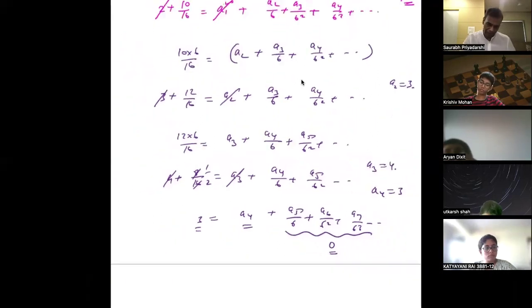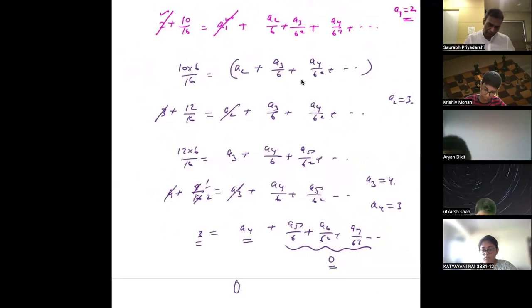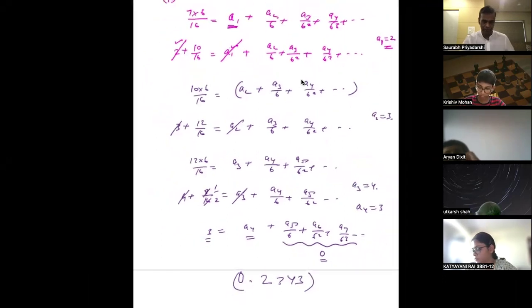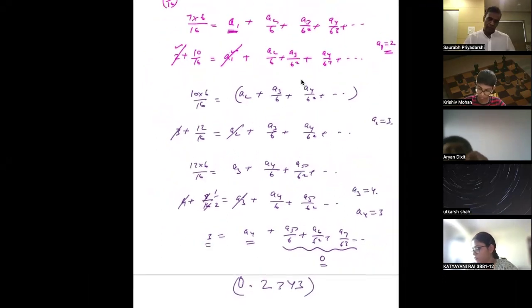So I can say this number is nothing but 0.2343. Is this okay? It is not just the calculation part, right? That will give you a little anxiety, not a big deal.